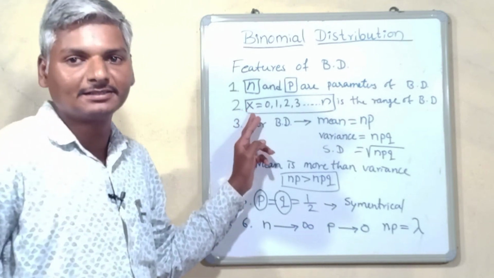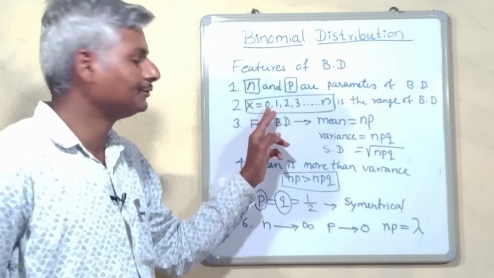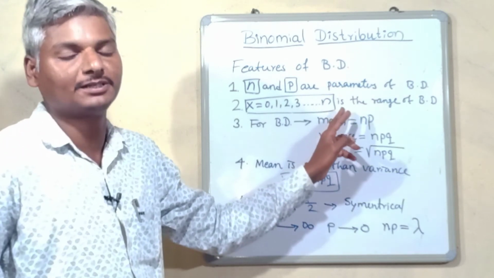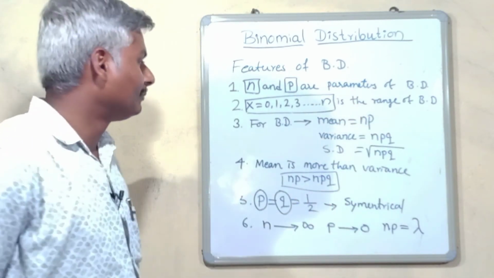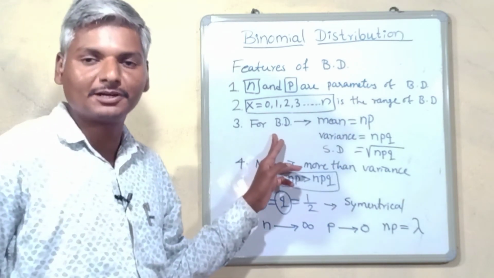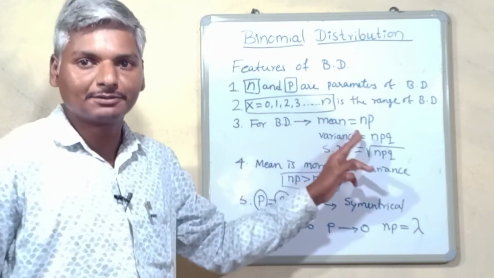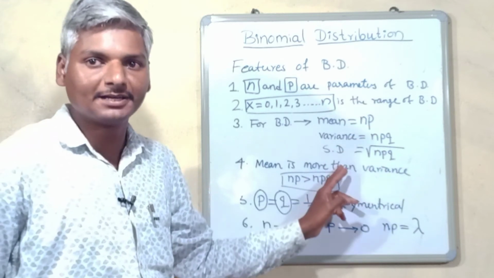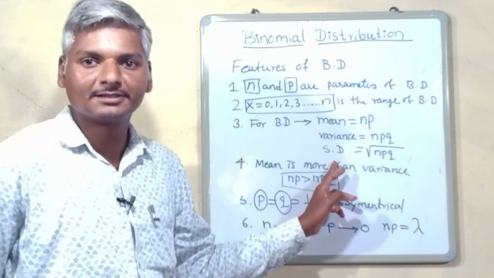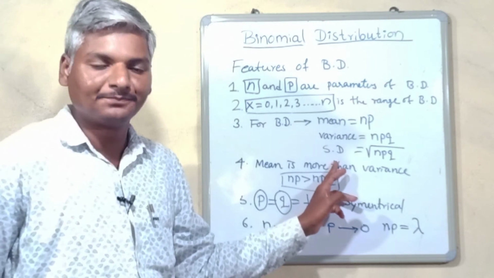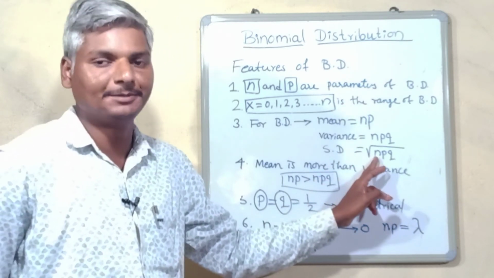Then x, which takes the values 0, 1, 2, 3, 4, 5, 6 till n, is the range of binomial distribution. And for a binomial distribution, mean equals n into p, variance is npq, and standard deviation or sigma is root npq.